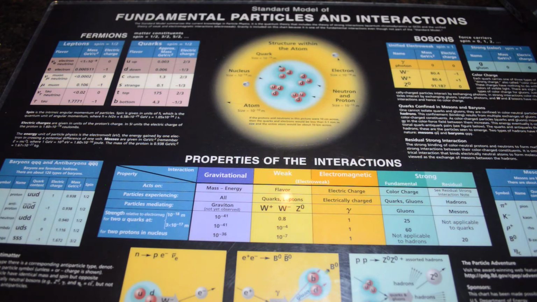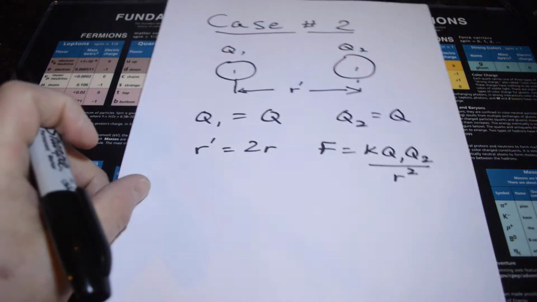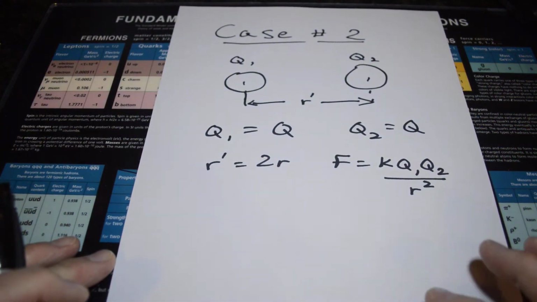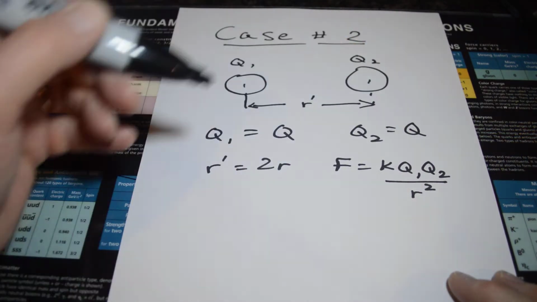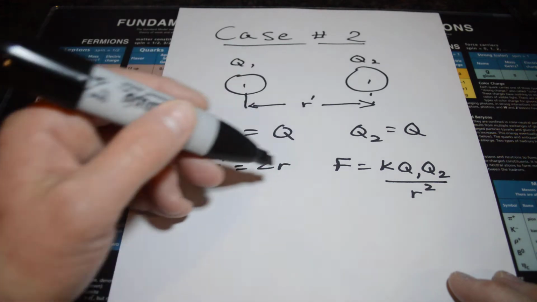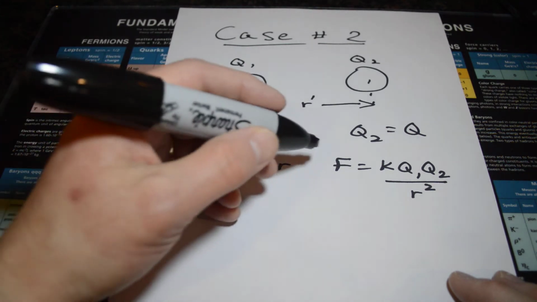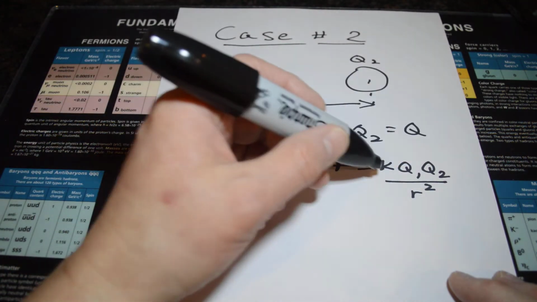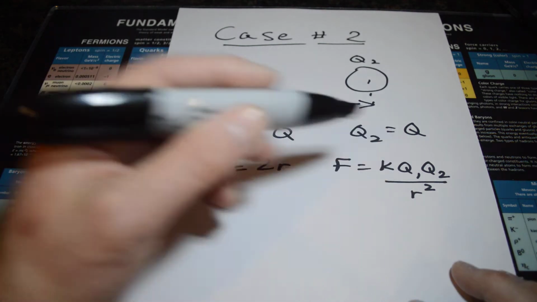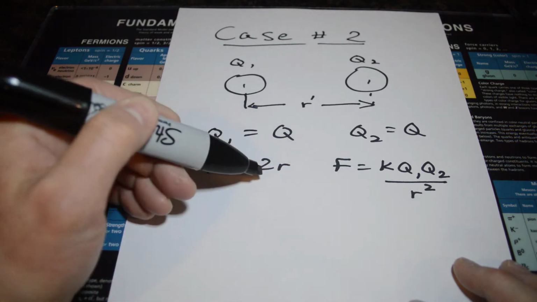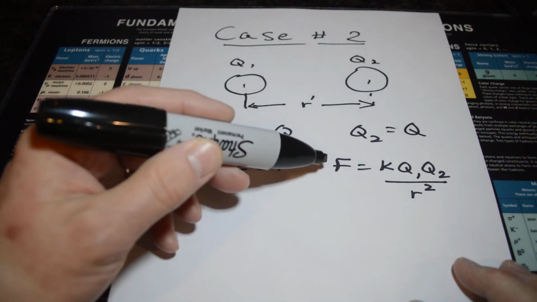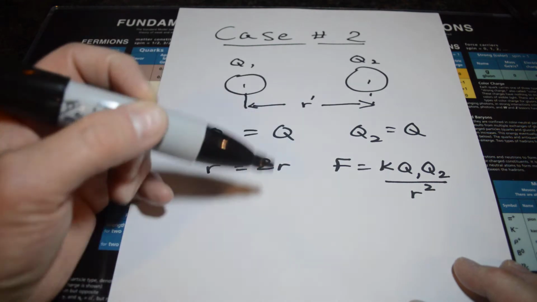Next case, case 2. You go back to the original charge. Q1 is back to Q, Q2 is Q, but the distance is twice what it was before. So in this case, the numerator is going to stay the same, but the denominator is going to change. So if R increases, then F should decrease, but by the square of that number.